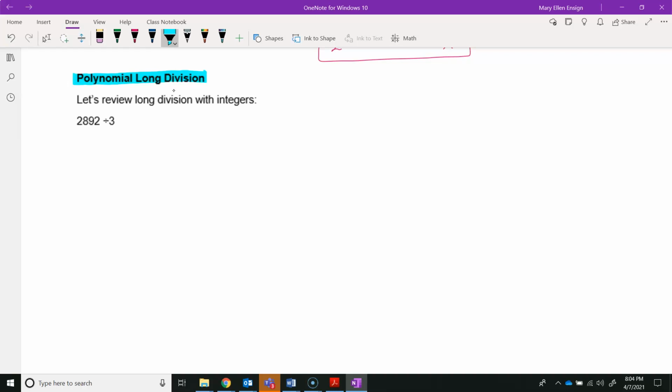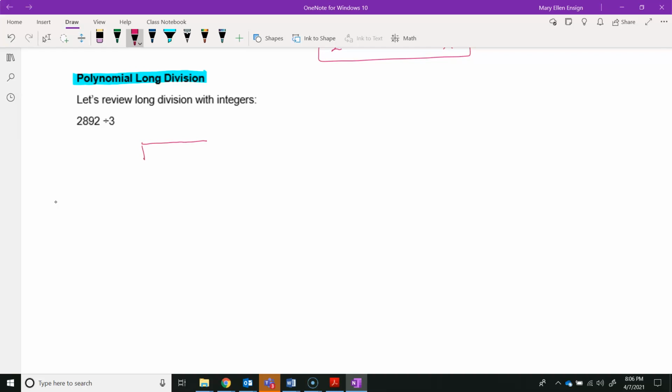So we're going to start out by reviewing regular long division with integers. So we'll review that because the process is the same, it's very similar, I should say, between the two. So let's look at this, and let's start out by just thinking about how we set it up, right?